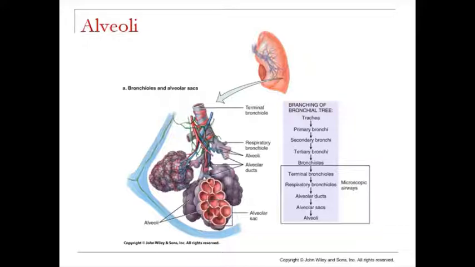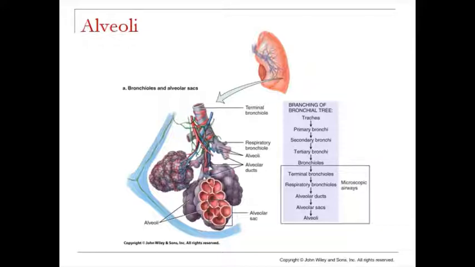That's the top of this tube that you're seeing in the picture. And just follow the tube. It'll continue to branch. If you follow a terminal bronchiole, it will split into what we call respiratory bronchioles. And if you were to follow one respiratory bronchiole, it will split into what we call alveolar ducts. And if you were to follow an alveolar duct, it would split into alveolar sacs, which will split into a single alveolus.